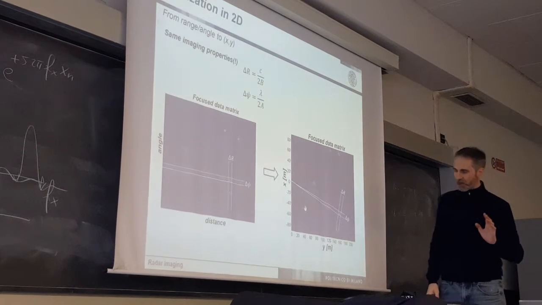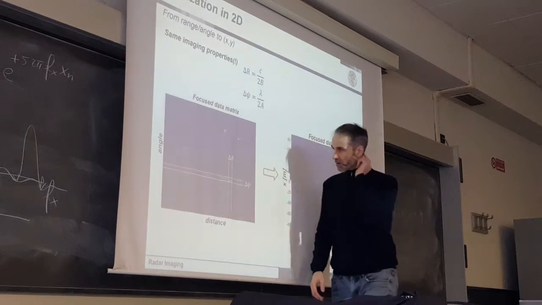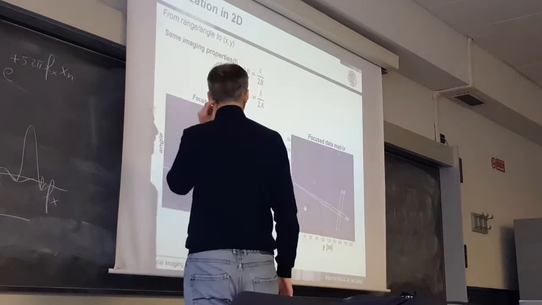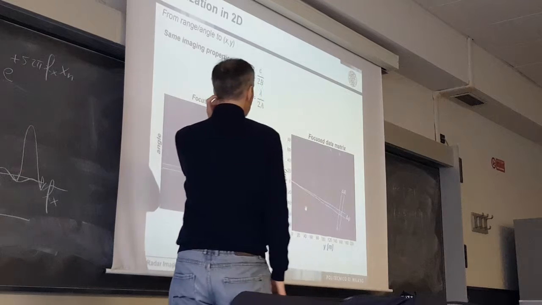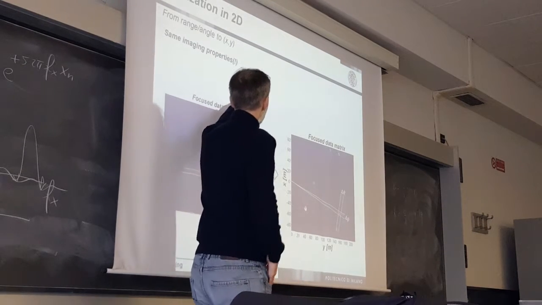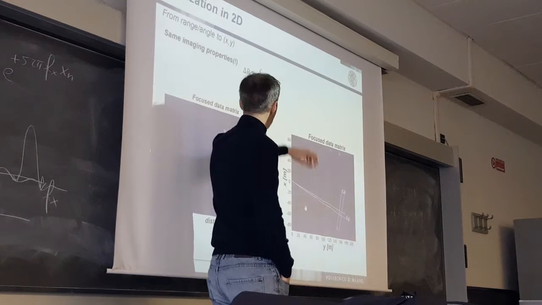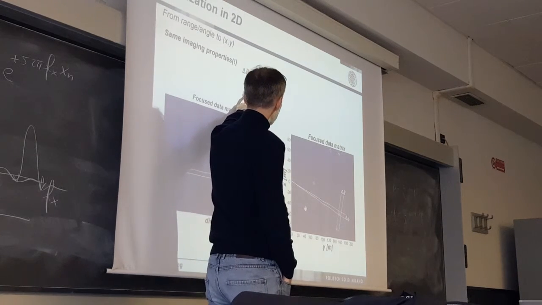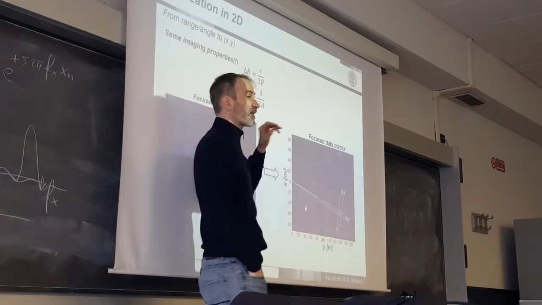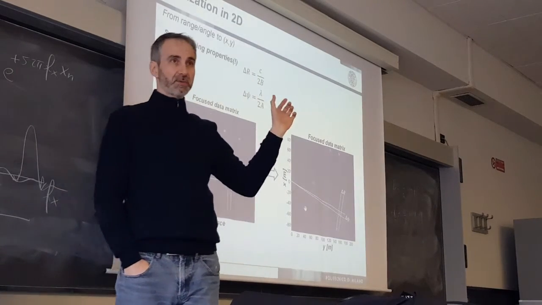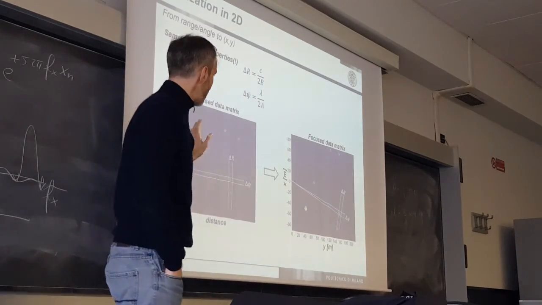Well, it doesn't change. We say that you have a range resolution which depends on the inverse of the bandwidth, and you have an angular resolution which depends on the length of your aperture.